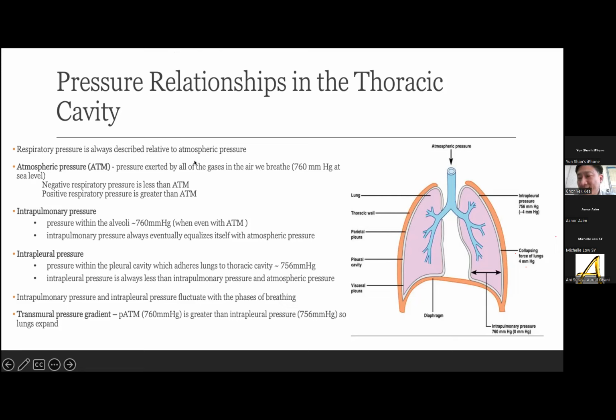It should equalize itself to the atmospheric pressure. If it equalizes itself, then the air will not go in. The air goes in because the intrapleural pressure is lower. Yeah, so the intrapleural pressure is lower. So during inhalation, what will the intrapleural pressure be like?